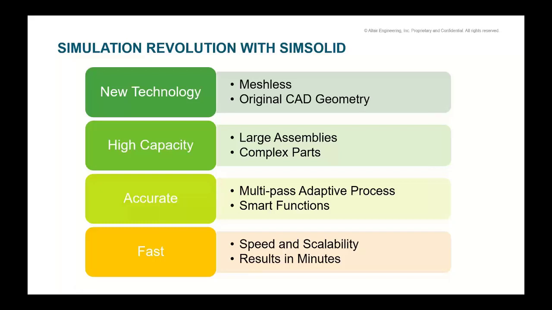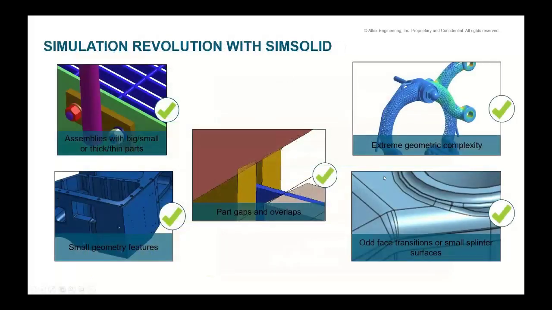It goes through a multi-pass adaptive process, and it uses smart functions in order to adapt itself so that it's giving the right stress value that you need. And just so you know, it is very fast in solving. You can look at the speed and the scalability of it, and you get your results in minutes. You also don't need any sort of special hardware investments.